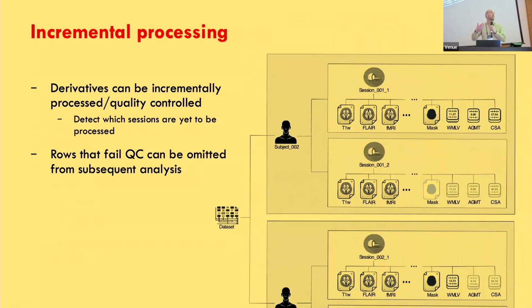If you only analyze the data at the end of those 3 years, you may find there was some issue with the acquisition at some point, and the data is no longer able to be analyzed, and so you've wasted a lot of money. So being able to do at least the initial pre-processing steps as the data is acquired, and store that back in the repository so it can be QC'd, is quite important.